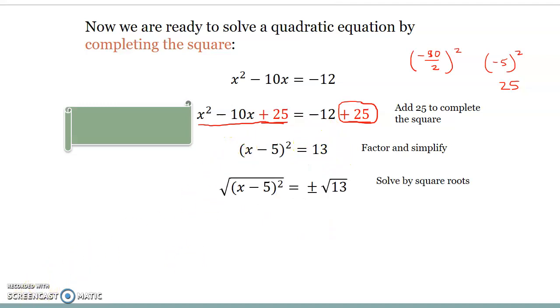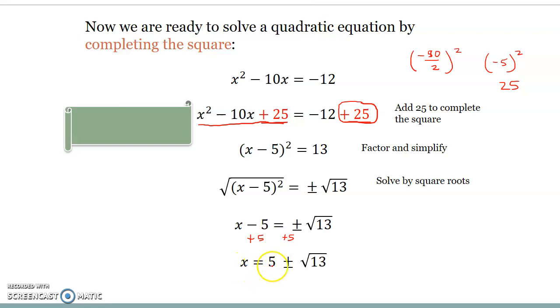All right, so now I'm going to take my square roots on both sides. All right, so root 13, remember we have the positive and negative root of 13. So x minus 5 equals positive or negative root 13. Then I'm going to add the 5 to both sides.